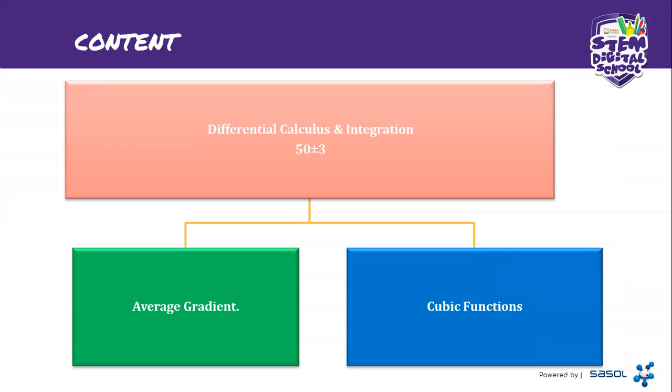But today we are going to be only focusing on what? Determine the gradient, average gradient, as well as the cubic function. Then we are going to be explaining more under cubic functions. Those are the two concepts that we are going to be focusing on.